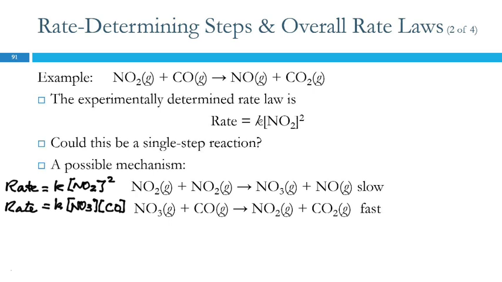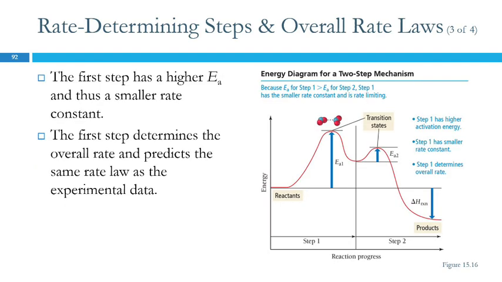Any other questions? So in that example, the first step, being slow, must have a higher activation energy than the second step. And therefore, it's got a smaller rate constant. So the first step is going to determine the overall rate.